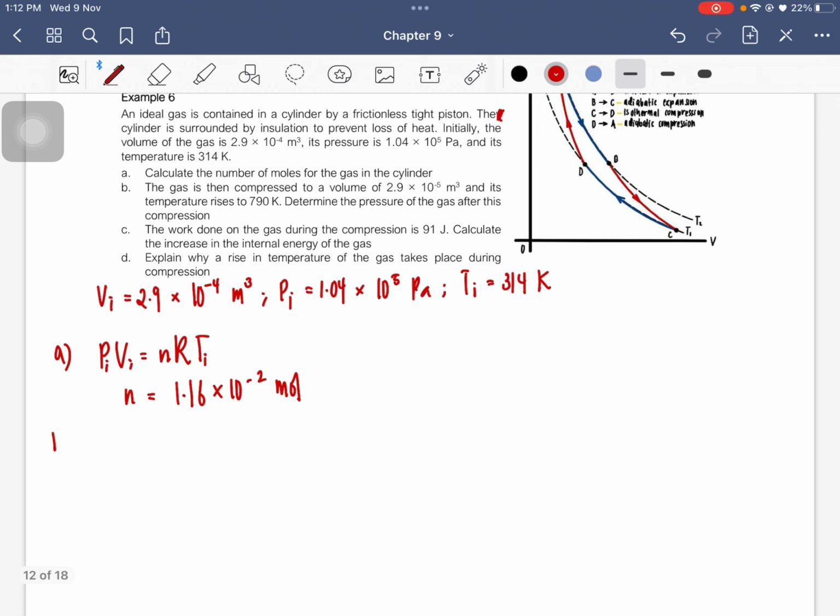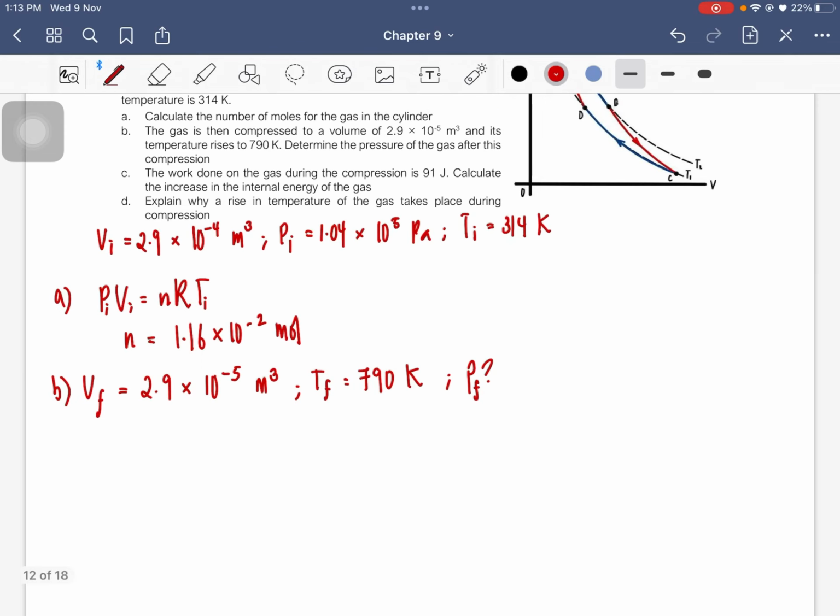Right? Question B, the gas is then compressed to a volume of 2.9 times 10 negative 5 cubic meter, and then its temperature rises to 790. So the second temperature is 790 Kelvin. So we have to determine the pressure of the gas after this compression.